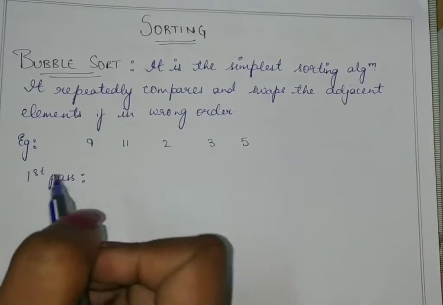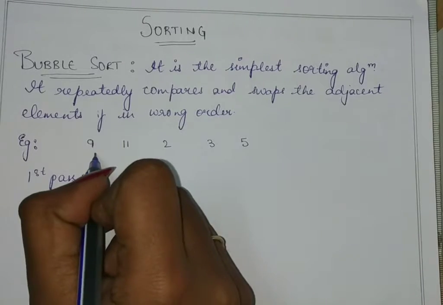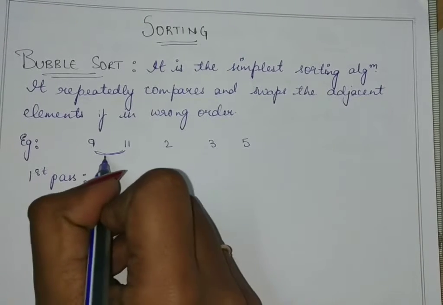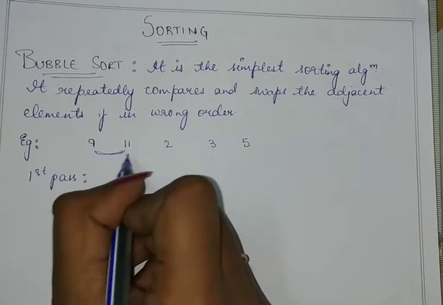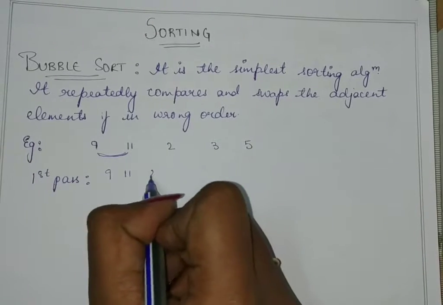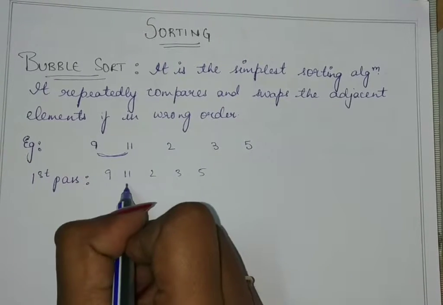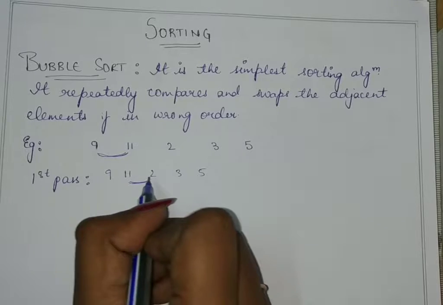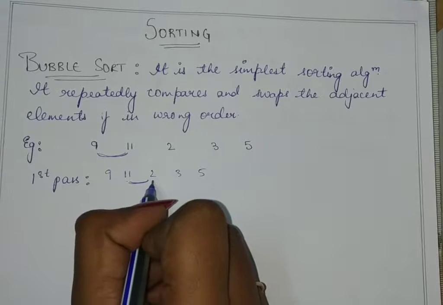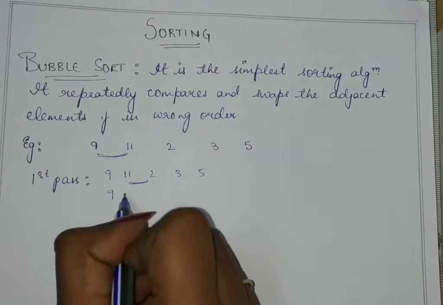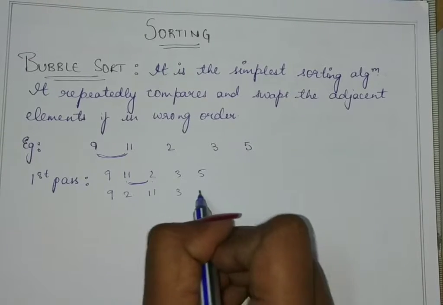In the first pass, that's the first iteration, it compares these two adjacent elements, and since they are in correct order it does nothing, so it gives the same order. And then it compares these two, and since you can see 11 is greater than 2, it swaps these elements, so this becomes the order.